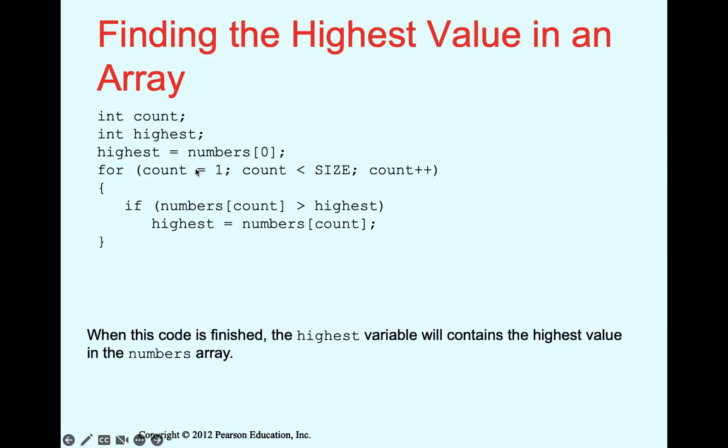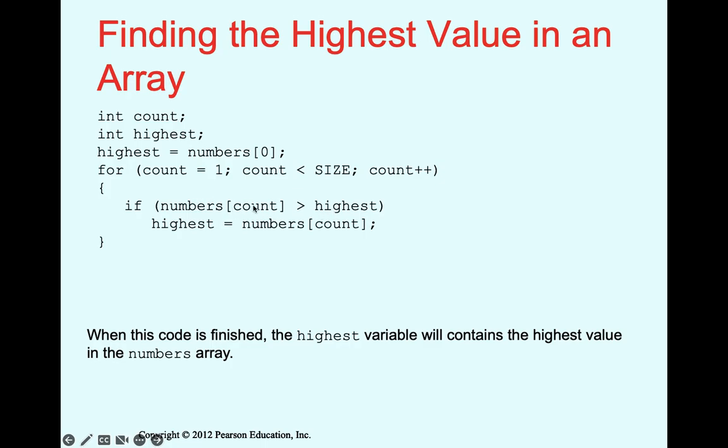If you want to find the highest in the array, you assume the highest is the first number, and then you go from the second element in the array till less than size. We didn't start from 0 because it doesn't make sense, since we assume the highest is the first element. So we start from the second element till less than size, and we compare.